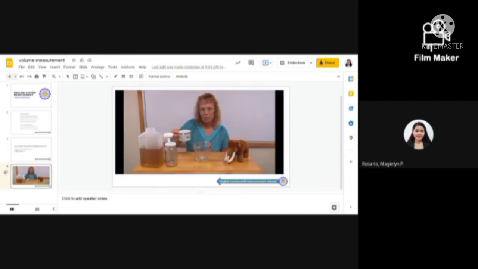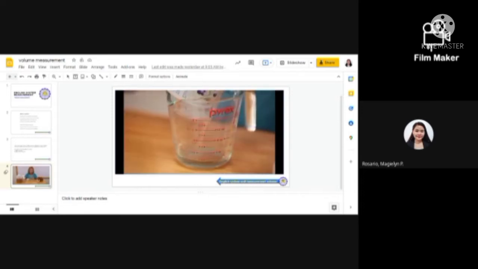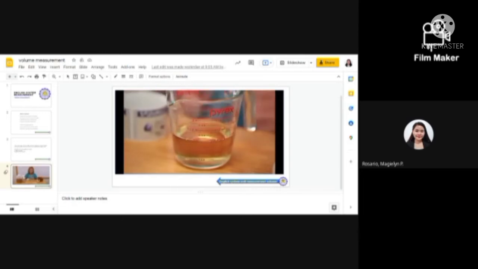Here I have a coffee cup. Let's check and see if the volume of this coffee cup is actually 1 cup. Let me fill it in. There, what do you think? It is exactly 1 cup.